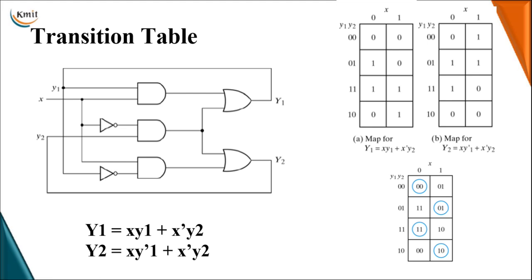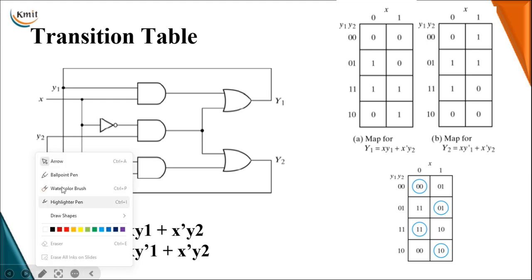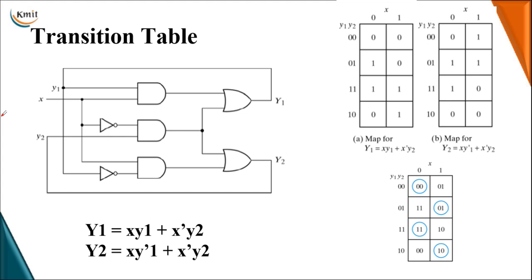In sequential circuit design, we represented your present state as Qn and your next state as Qn plus 1. Here, instead of Qn and Qn plus 1, we represent your next state with the capital letter Y1 and your present state with small y1. Hence the outputs which are fed back to the input again are treated as your present state. So we have two present states here along with your two next states with a single input.